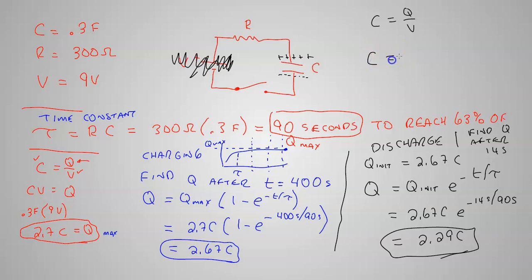But then if you want to build yourself a capacitor, if you're designing this thing, how much area do you have, and the distance between the plates, and then you have that constant epsilon naught.